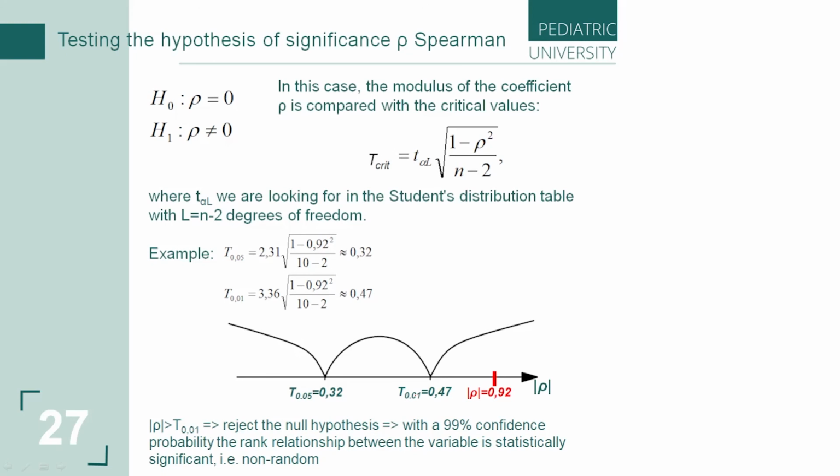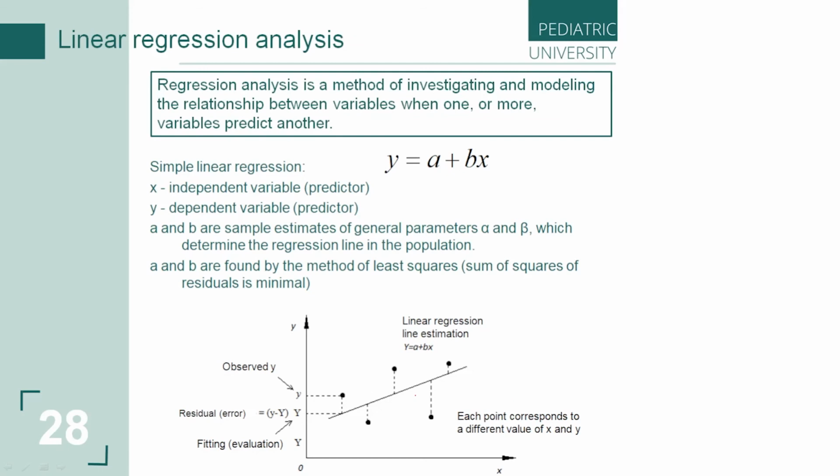And the last thing you and I should consider is regression analysis. What is this? Regression analysis is the method of investigating and modeling the relationship between variables when one or more variables predict another.